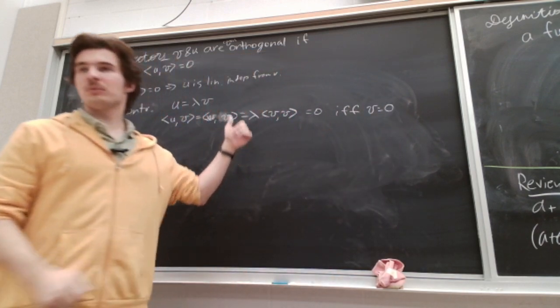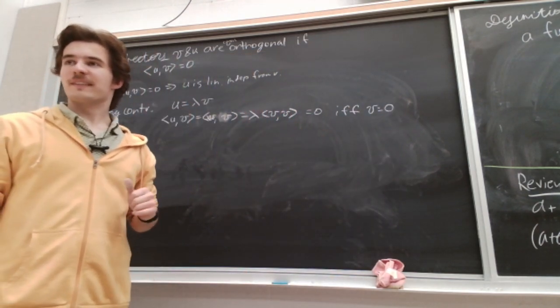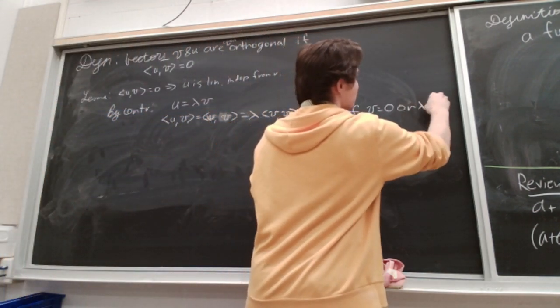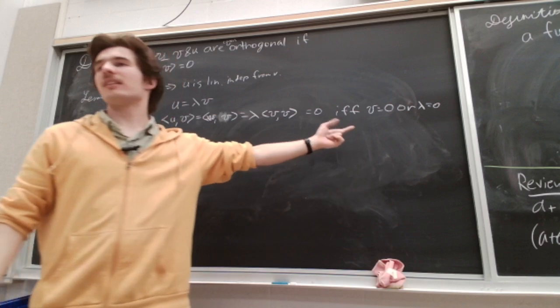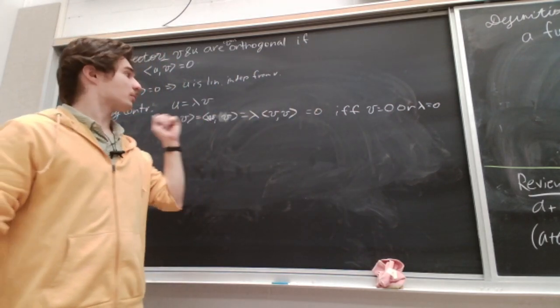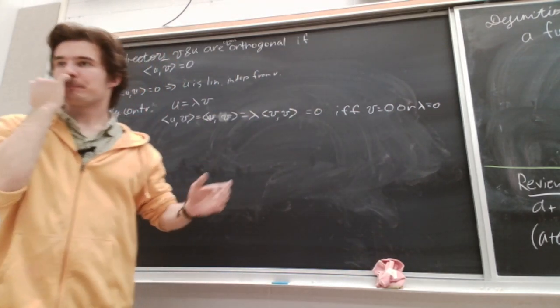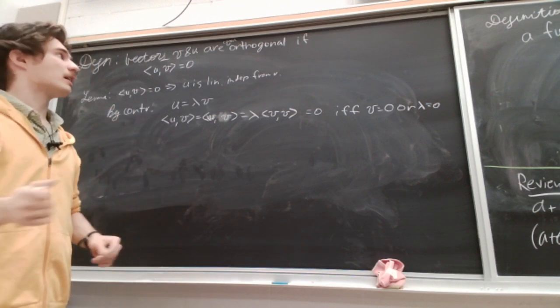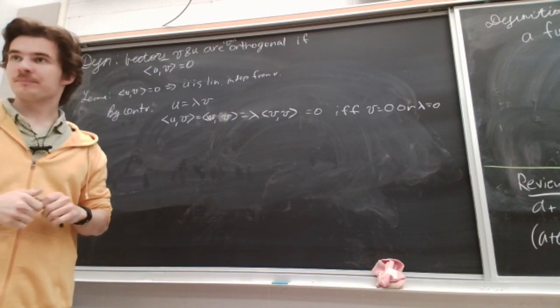But I said let's assume u and v are not 0. So it's if and only if v is 0 or lambda is equal to 0. But that means then u is equal to 0, because u is equal to lambda v. So if two non-zero vectors are orthogonal to each other, then they have to be linearly independent.